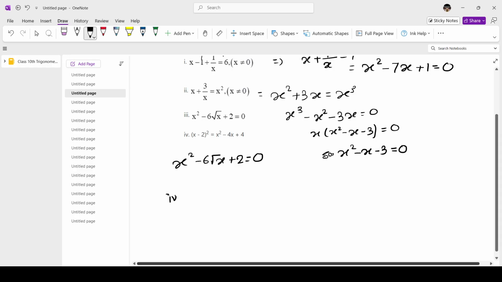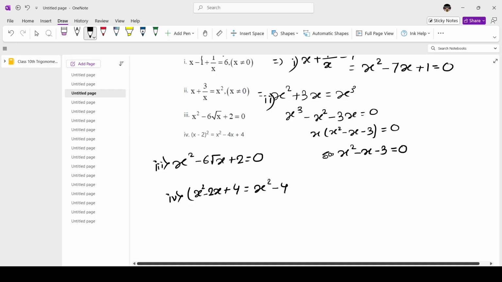And now, if you solve this, it is in the form of a square minus 2ab plus b square equal to a square minus 7 plus 4.